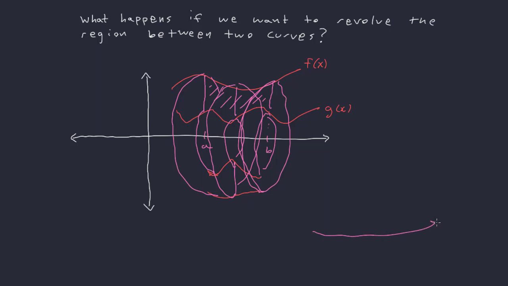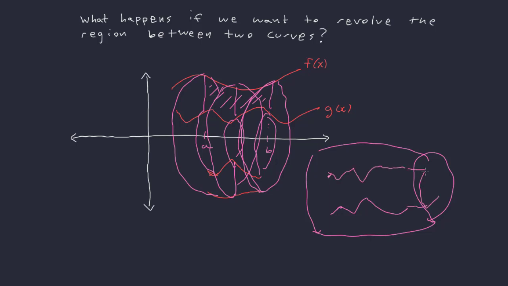So we've got the top part, and then we've cut out an inside part, right? That's symmetric. And this is our solid here.